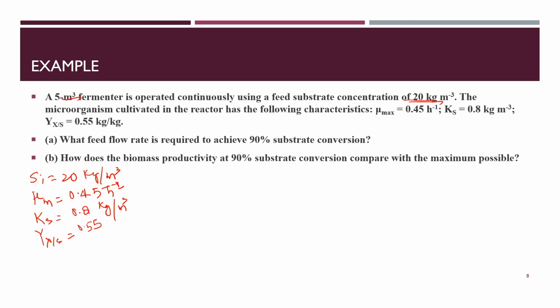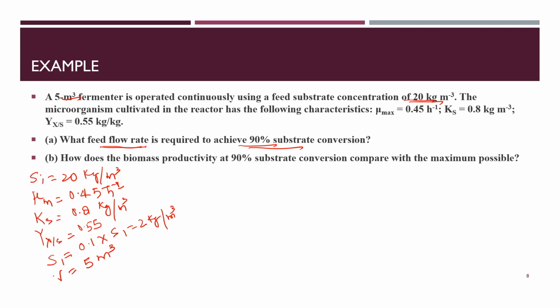Now, the first part: what feed flow rate is required to achieve 90% substrate conversion? 90% substrate conversion means the S value will be 0.1 of Si, and that equals 2 kg per meter cube, and the volume given is 5 meter cube. Now, what is required? You require the flow rate. How will you get the value of flow rate?